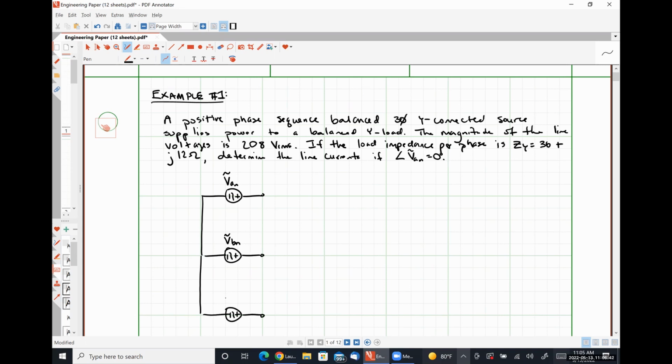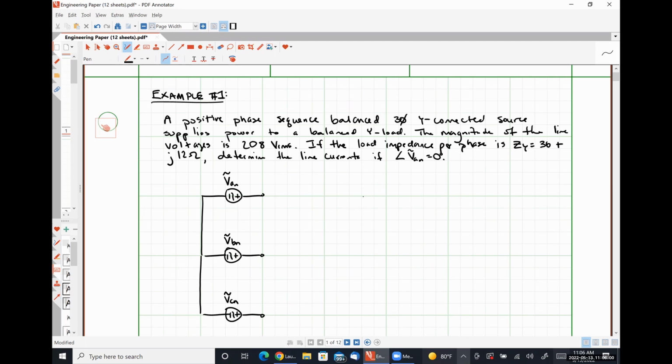And VCN. I could also include a neutral conductor, but typically I don't worry about it because it doesn't actually really do a whole heck of a lot. So it's just drawing stuff that isn't particularly of use.